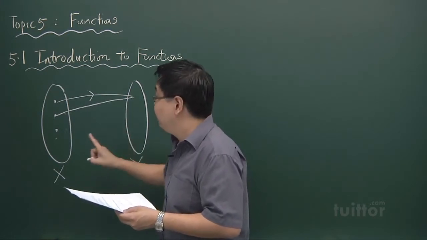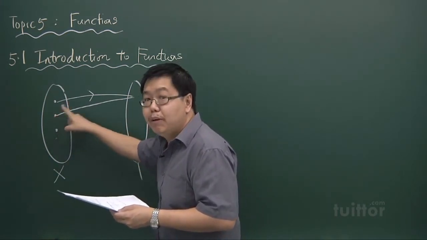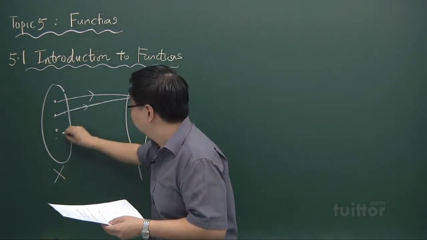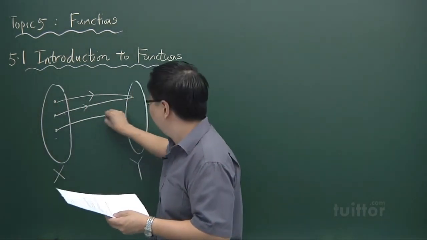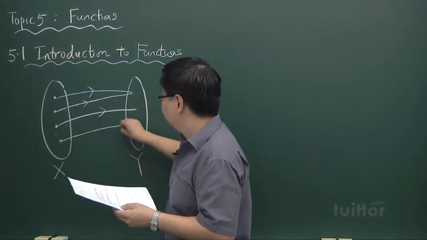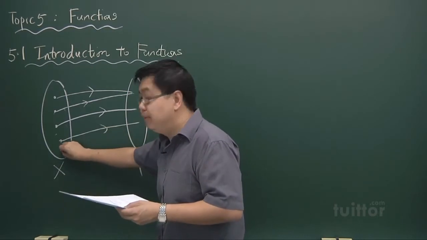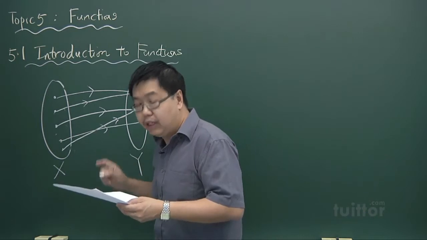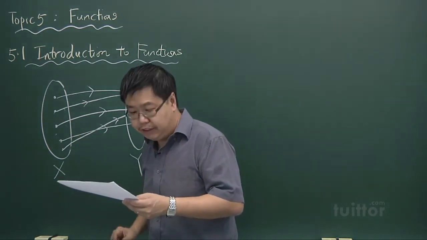But it doesn't allow this element to map to two values of y at the same time. So this element can map over to here, and this element can map over to here, and this element can actually map over to here. This is what the diagram looks like for a function.